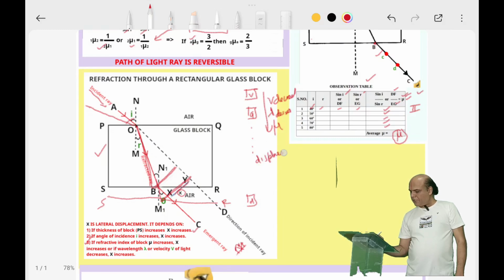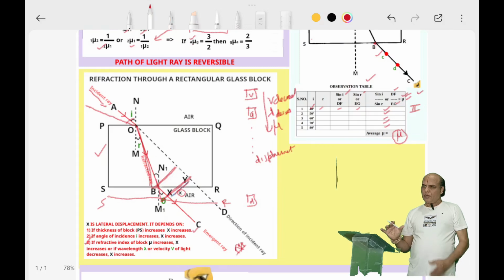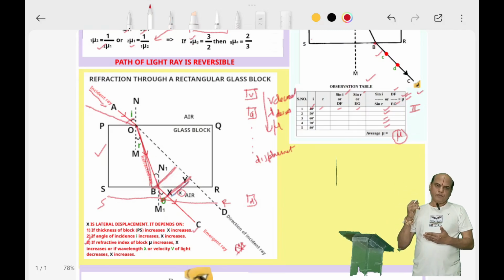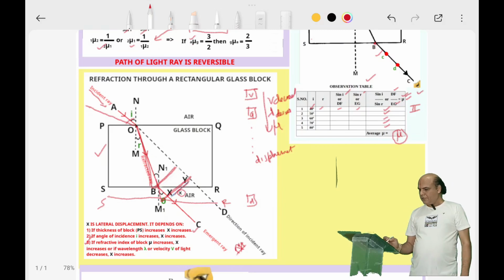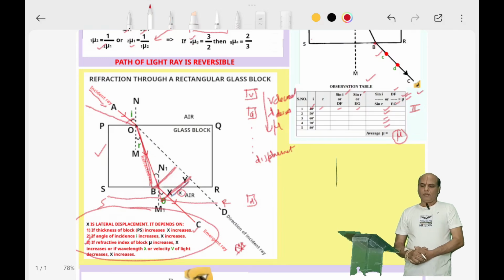So you can remember in this way. As we are moving down the spectrum from top to bottom, lateral displacement would increase. That means if the velocity is decreasing or if the wavelength is decreasing, the lateral displacement would increase. So these are the three factors on which the lateral displacement will depend.